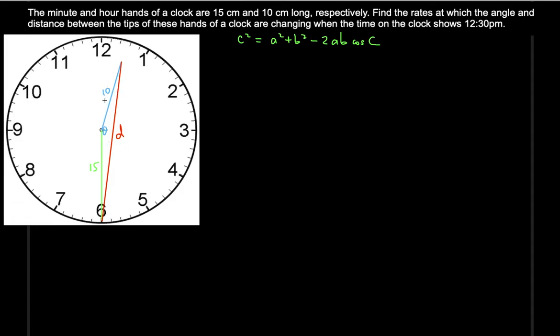Because if, let's say, the time is 12 p.m. and not 12:30, the distance between the tips of these two hands is precisely 0, because they're both showing at the same spot of 12, right? But here, the hour hand shows right in the middle between 12 and 1, and then the minute hand shows right at 6 here, right? So the distance here is a different distance than it is at different times. So the distance changes according to time t.